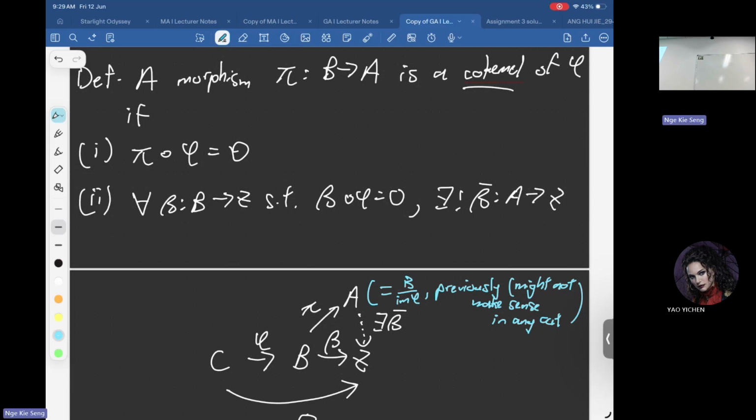So what should this beta bar be? I mean, from previous, what you did was you just look at the representative, right? And then say that it's determined by this beta.